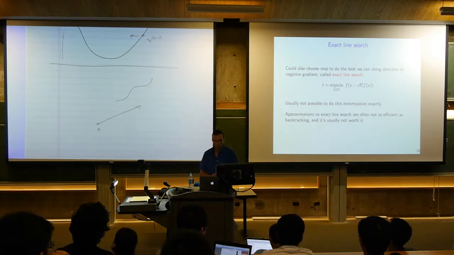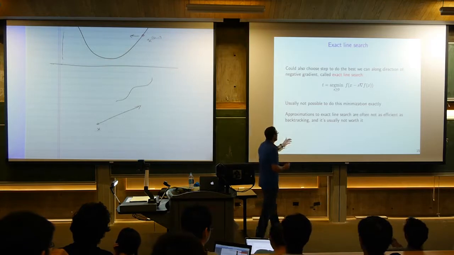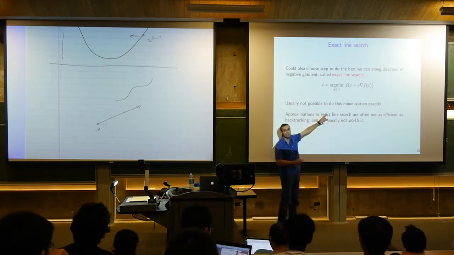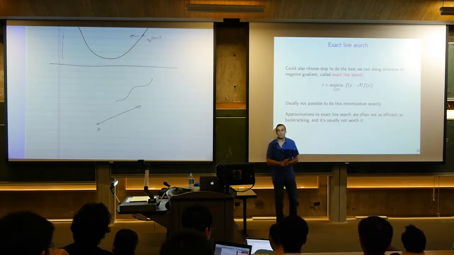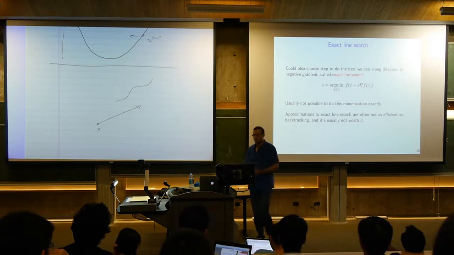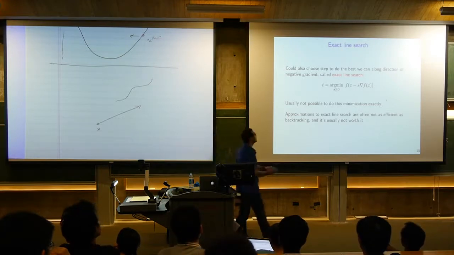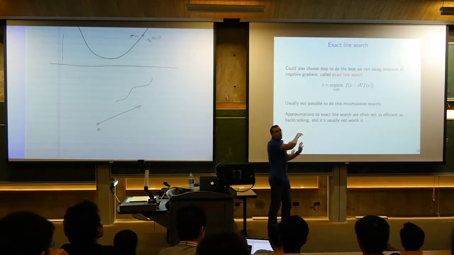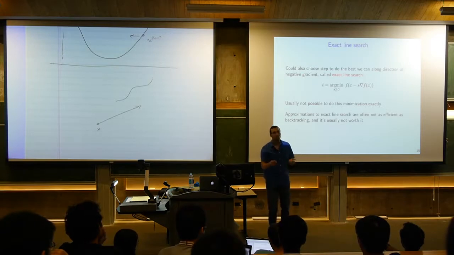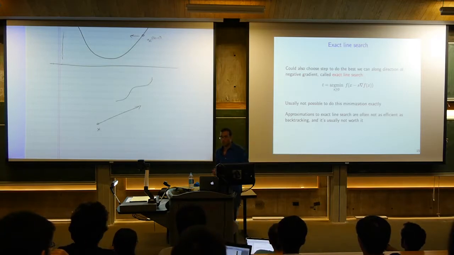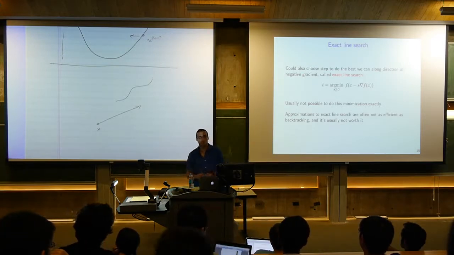It's usually much simpler to use backtracking, and you don't gain much by trying to optimize the step size exactly, or even approximately optimize the step size. I could think of this as a separate one-dimensional optimization problem, and then throw my favorite one-dimensional optimizer at it to find the right step size at each step. Usually it's not worth it. Usually backtracking is just as good, or close enough.